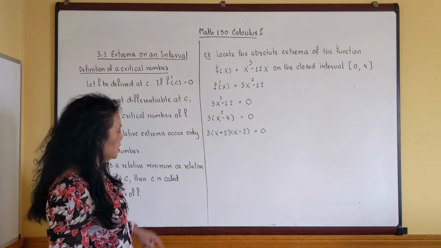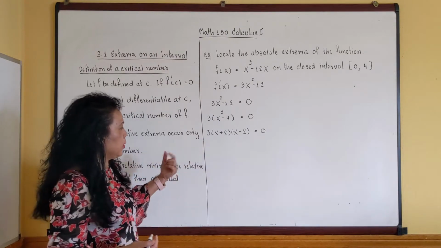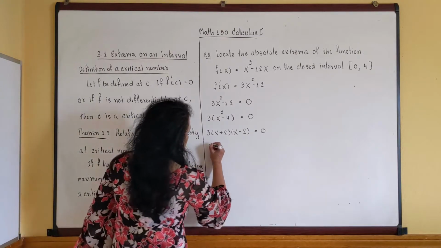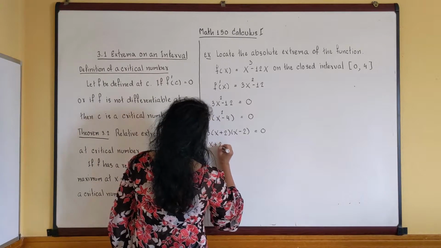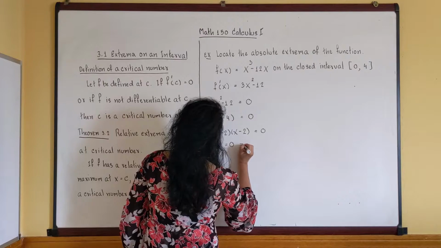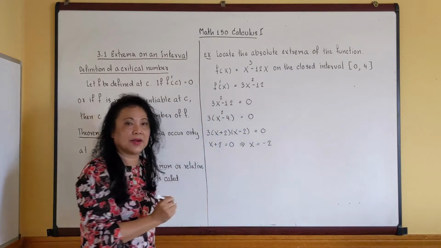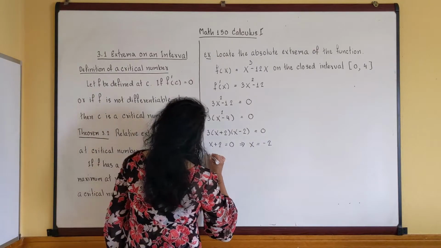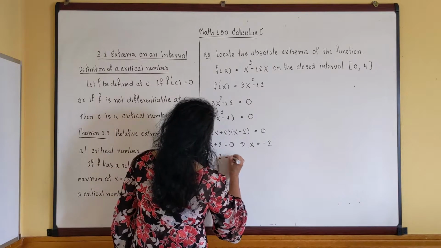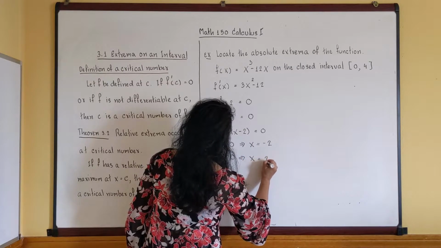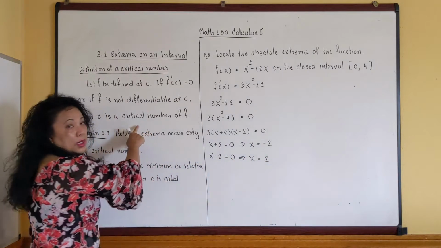One or more of them has to be 0. 3 will never equal 0. So if x plus 2 equals 0, then x equals negative 2. If x minus 2 equals 0, then x equals 2. So these are your critical numbers.